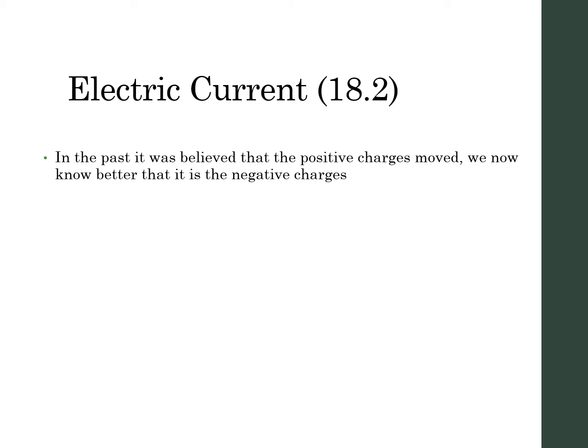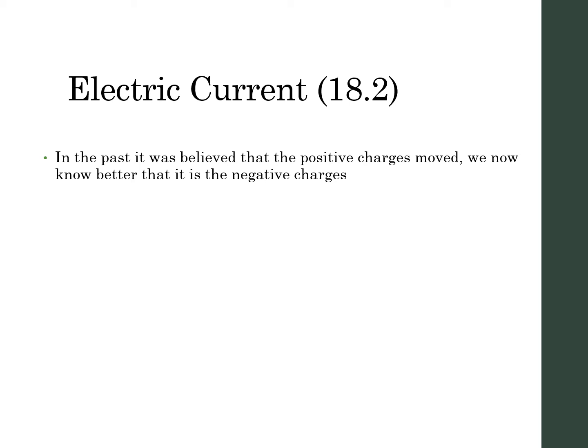Electrons are way smaller than protons, and because of how an atom is set up, the electrons are able to move in comparison to our positive charges. So now we know it's the negative charges, the electrons, that cause an electric current, not the positive charges.